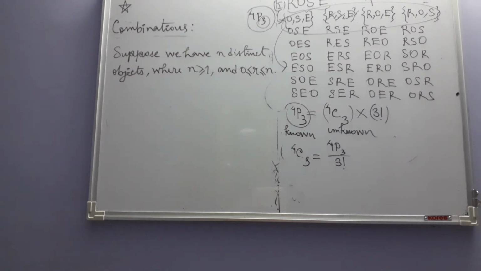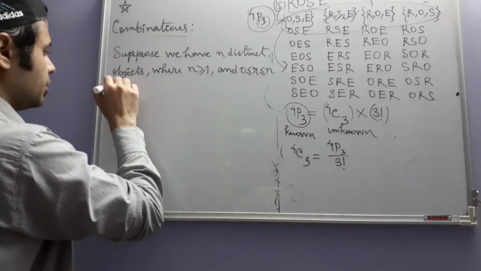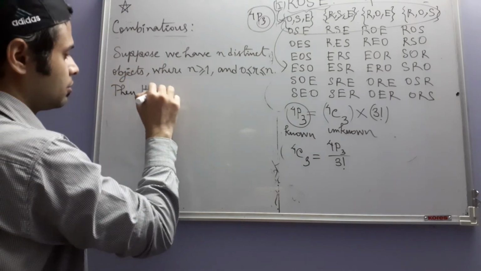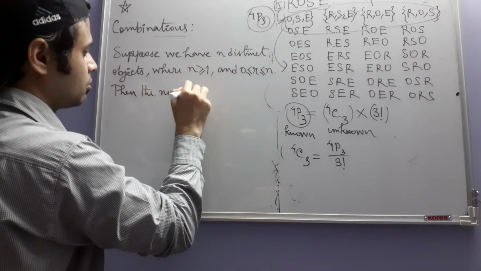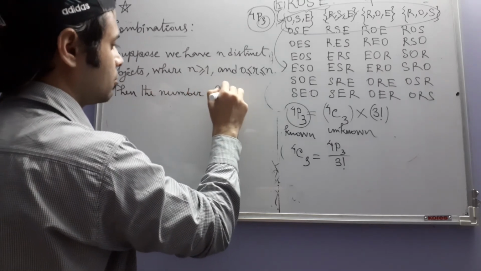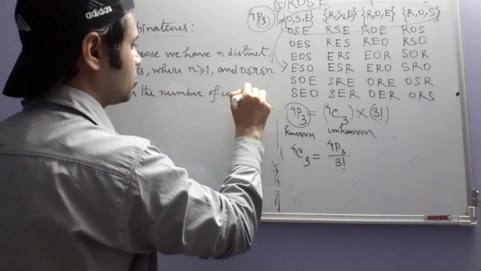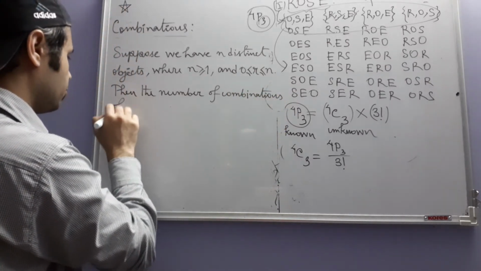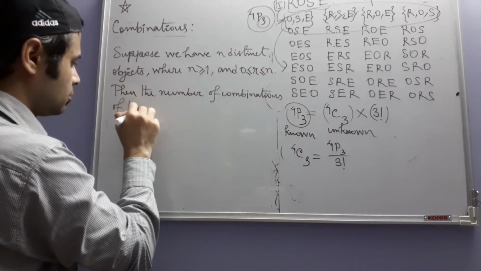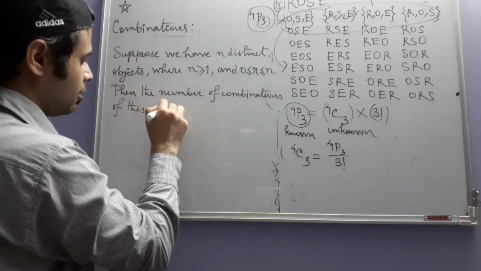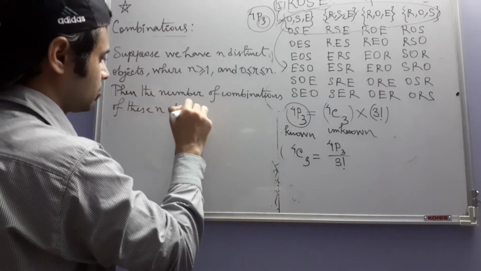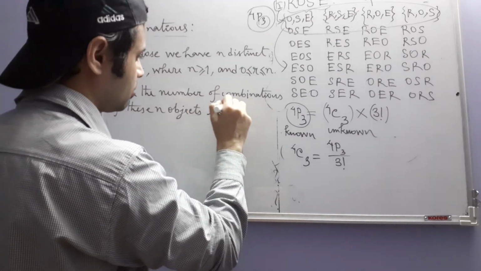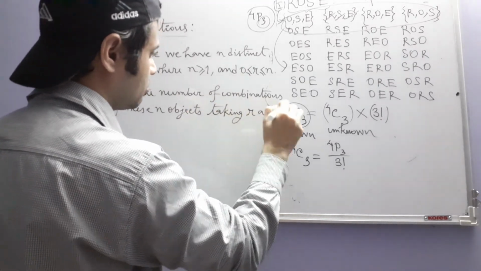Then the number of combinations of these n objects taking r at a time.